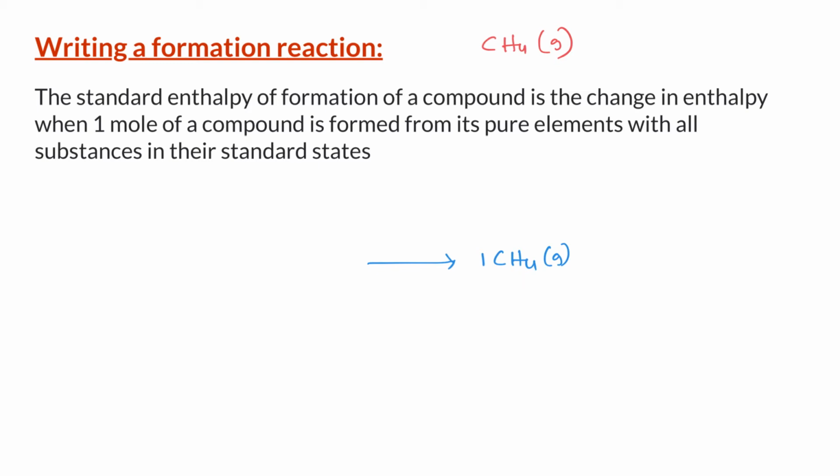So, on the reactant side, we need to place the elements carbon and hydrogen in their standard states. The most stable state of carbon, that is the standard state, at 25 degrees Celsius and 1 atm is carbon graphite. And the standard state for hydrogen is H2 gas.